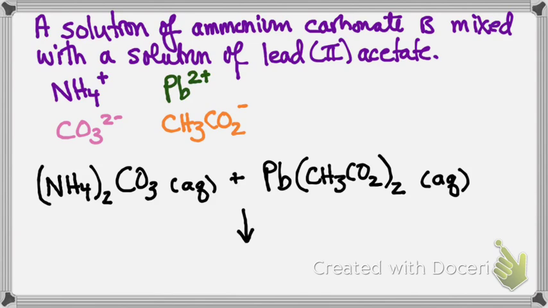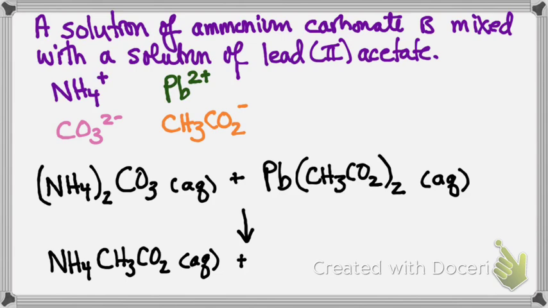And then we need to mix these by double displacement, meaning that both of the cations will swap positions. So that gives me ammonium acetate, plus 1 and minus 1, so they combine 1 to 1. And that, of course, will be soluble.